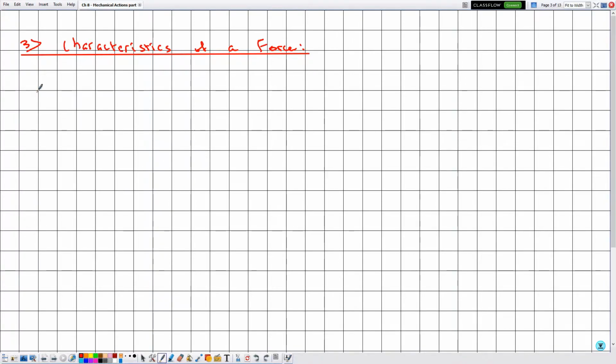And let me say the properties of the force are given by point of application, the line of action, the direction, and the magnitude.